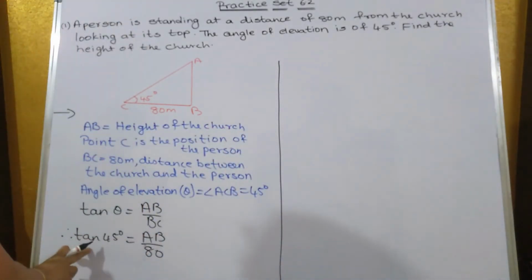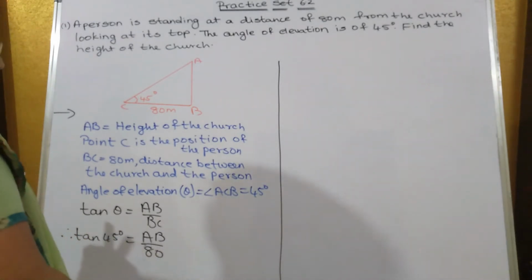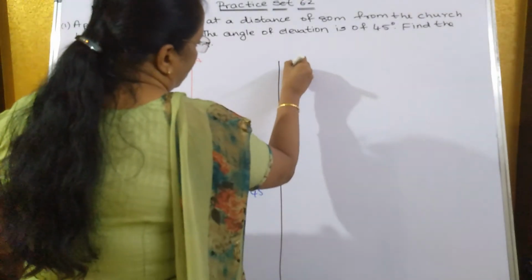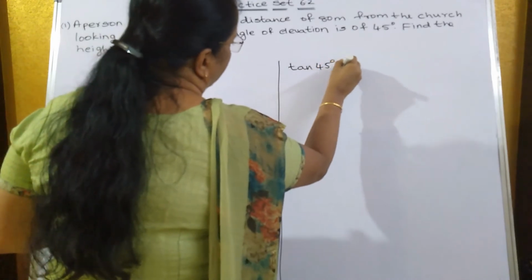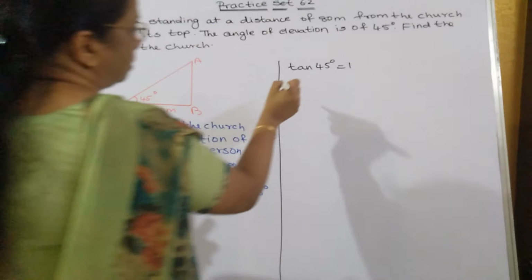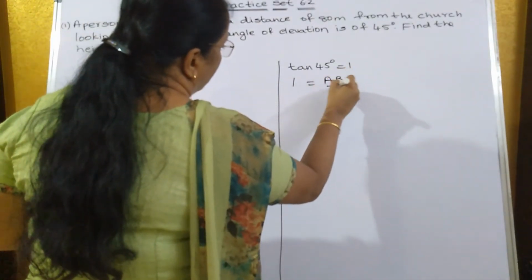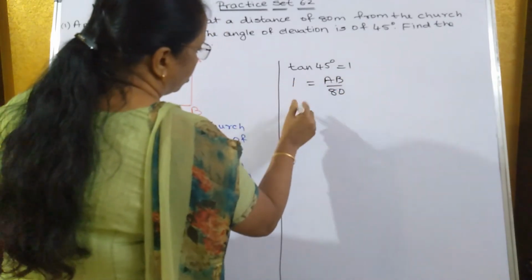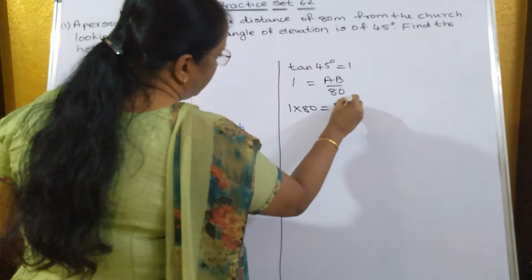What is the value of tan 45 from the trigonometric table, in which the trigonometric values are given? If you look in the table, tan 45 is equal to 1. So in place of tan 45 you will put 1. So 1 is equal to AB upon 80. Bring this 80 to this side, so you get 1 into 80 is equal to AB.